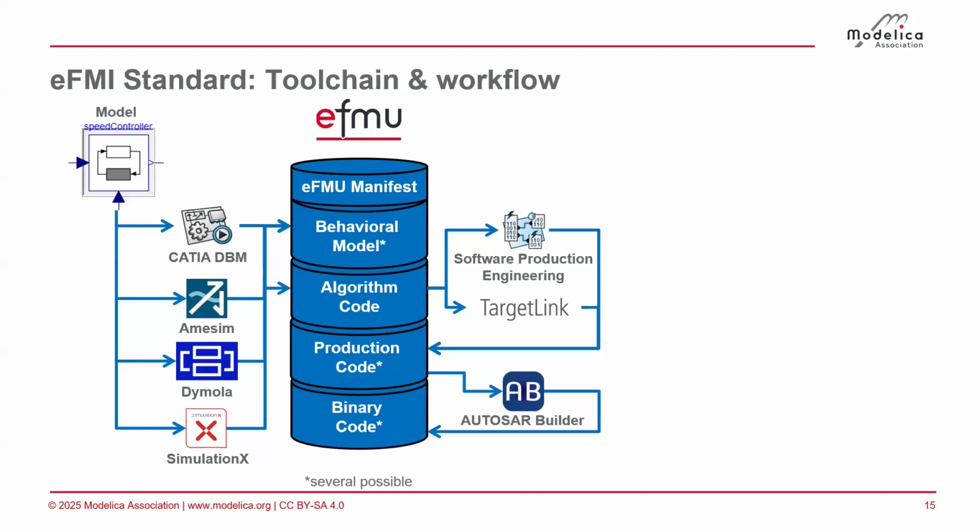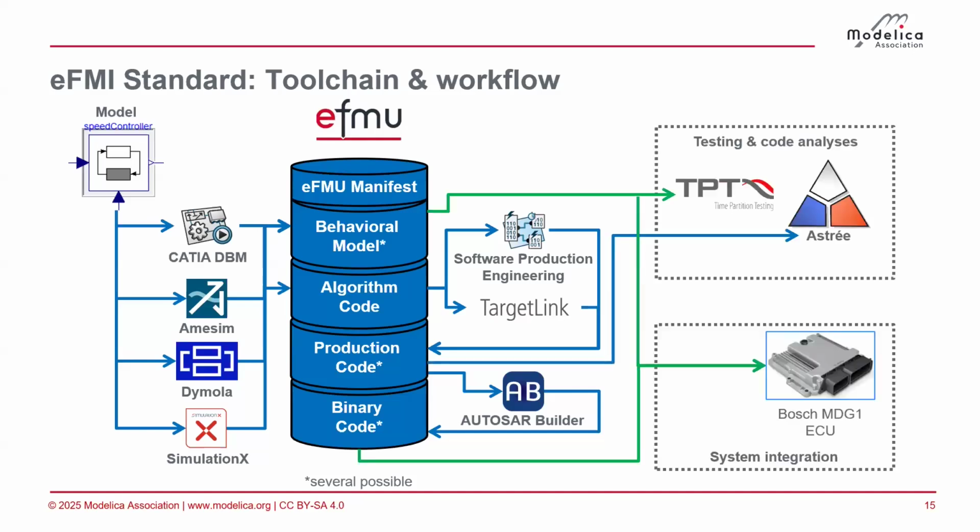And then it can also generate the binary code for this AUTOSAR component, so you can deploy it in your AUTOSAR environment. And then we have all the other tools around for testing, which would, let's say, take the behavior model, like TPT, to conduct the test: processor-in-the-loop, hardware-in-the-loop, software-in-the-loop tests.